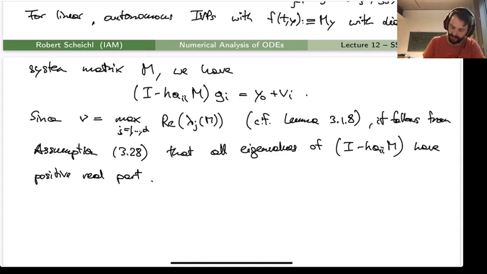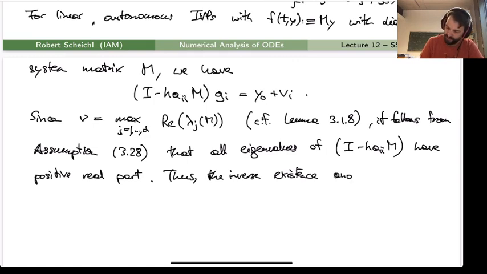And then that gives us the result, because thus the inverse exists, because it's positive definite, and we obtain a unique solution.